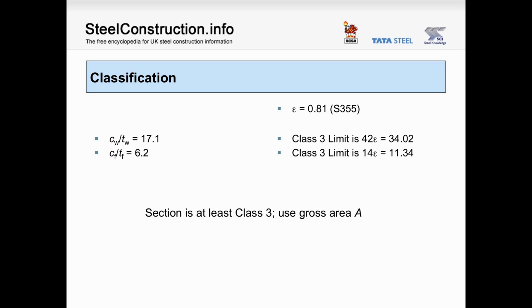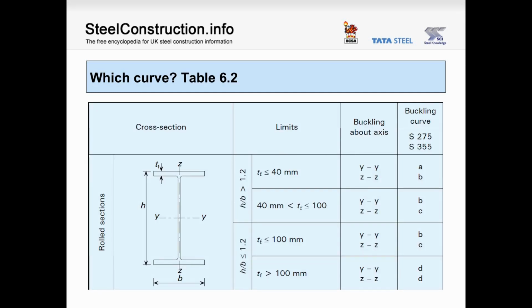Our actual is only 6.2, so both flange and web are at least class 3. And at least class 3 is important because class 1, class 2 and class 3 all use the gross area. So the only test for axial compression is: is the member at least class 3?